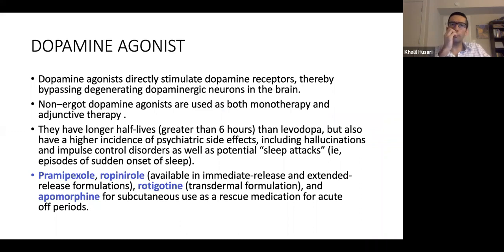Sleep attacks as well. And they're usually poorly tolerated in the elderly because of these side effects. So they are very good in young patients, younger than 70. It's mainly the 2 big ones: pramipexole and ropinirole.